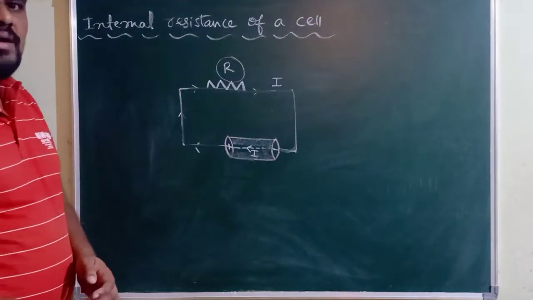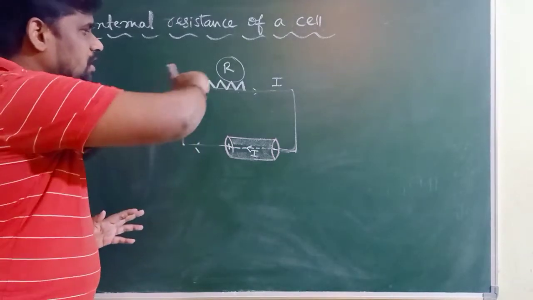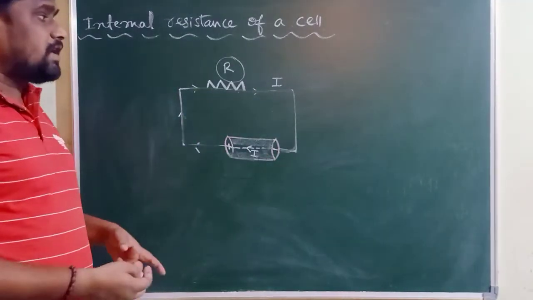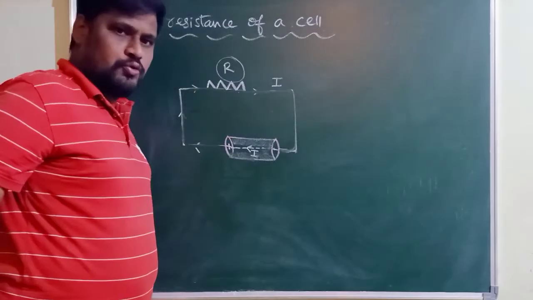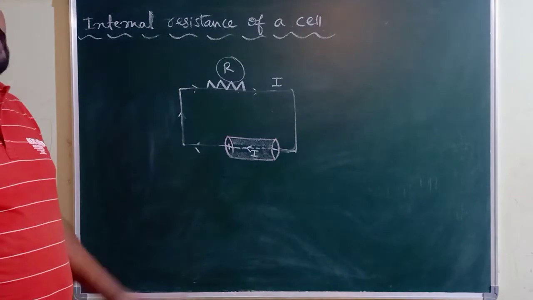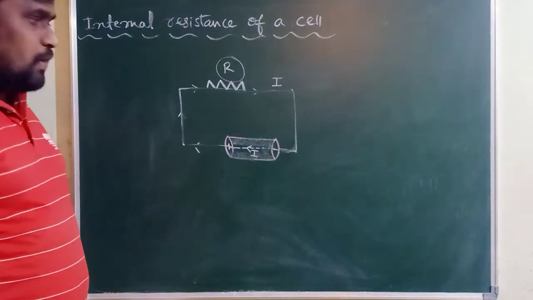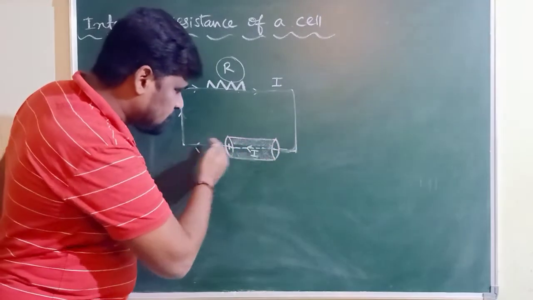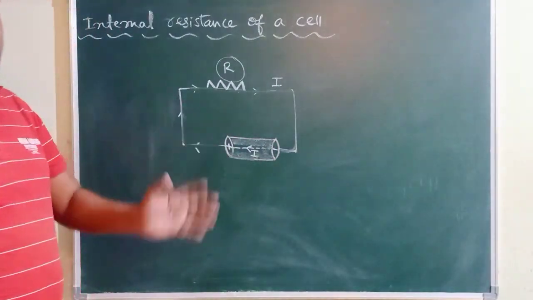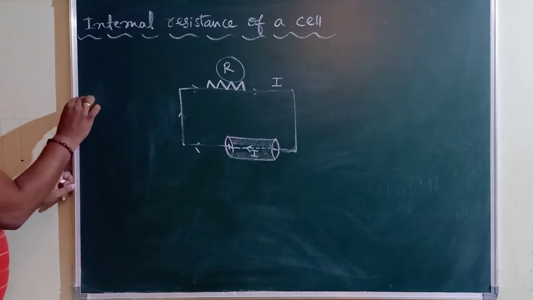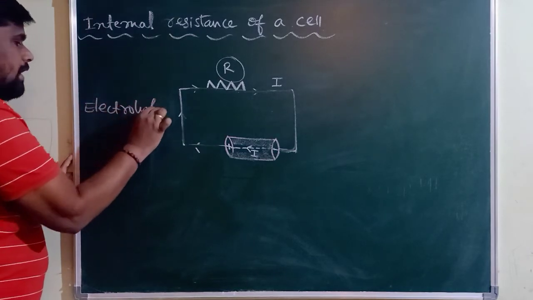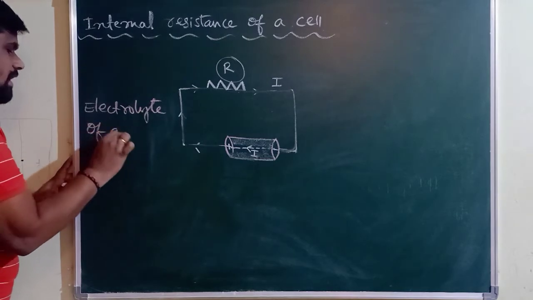Look, when the current was flowing in the external circuit, that external circuit was exerting some opposition force for the flow of electric current, which we call external resistance. But what happens when the current starts flowing inside the cell? Which material? The electrolyte of the cell.